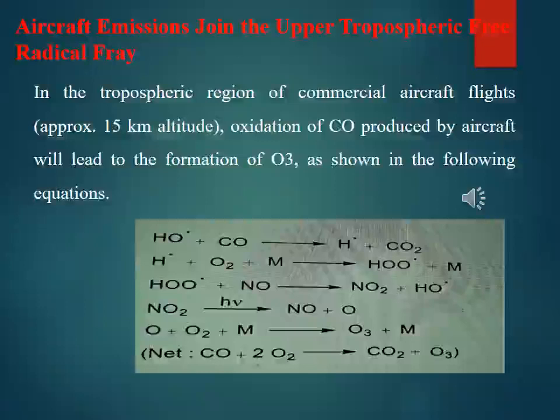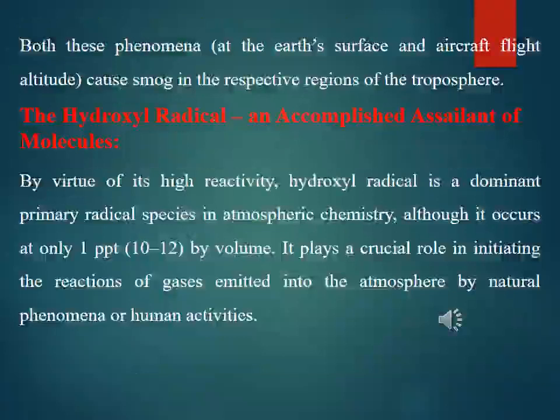That atomic oxygen is very reactive and very unstable, so this reactive oxygen reacts with an oxygen molecule to form ozone, O3. Both these phenomena, at the Earth's surface and at aircraft flight altitude, cause smog in the respective regions of the troposphere.